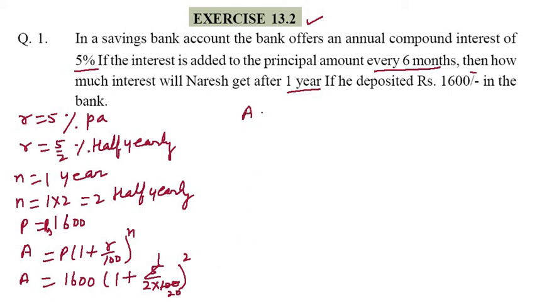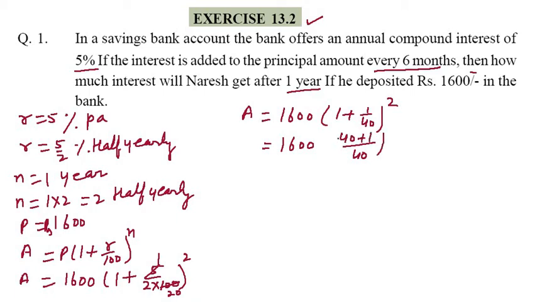So amount will be equal to how much? 1600 and here is 1 plus 1 upon 40 and whole power is 2. Now taking the LCM, 40, so that is 40 plus 1 and the whole square. So here is 1600, it is 41 upon 40 and the whole square.